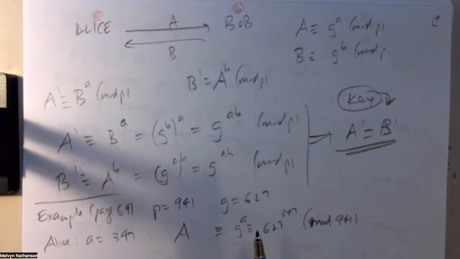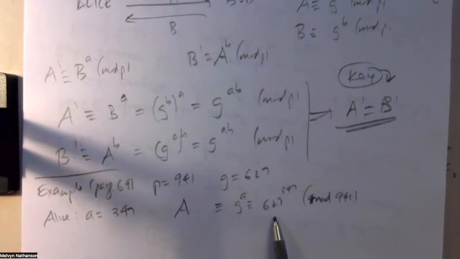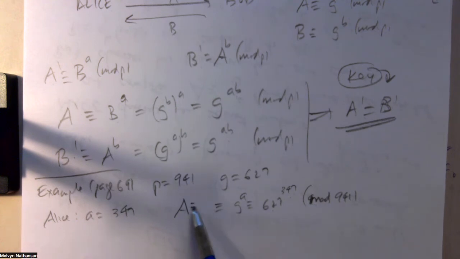You don't want to do this by hand, but a computer can do this almost instantly. And if you take 627 raised to the power of 347 and reduce it mod 941, you get the number 390. So the number that Alice sends to Bob is 390.